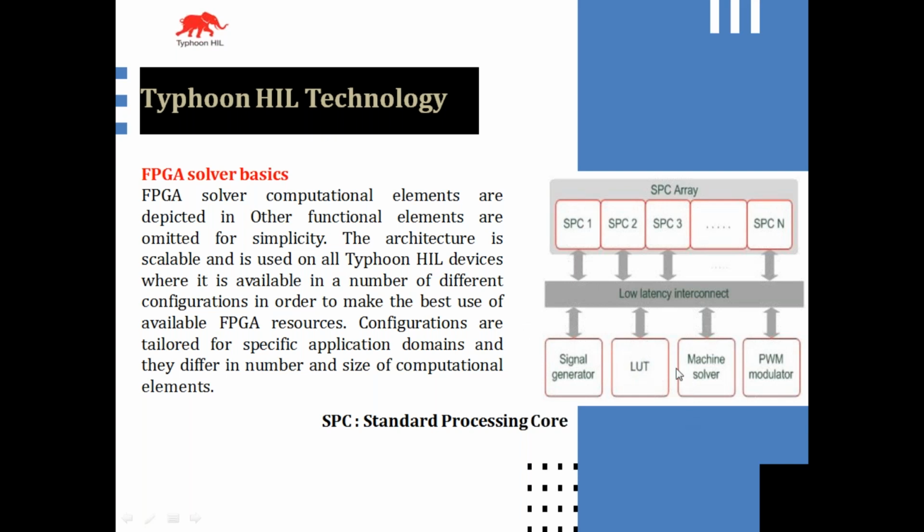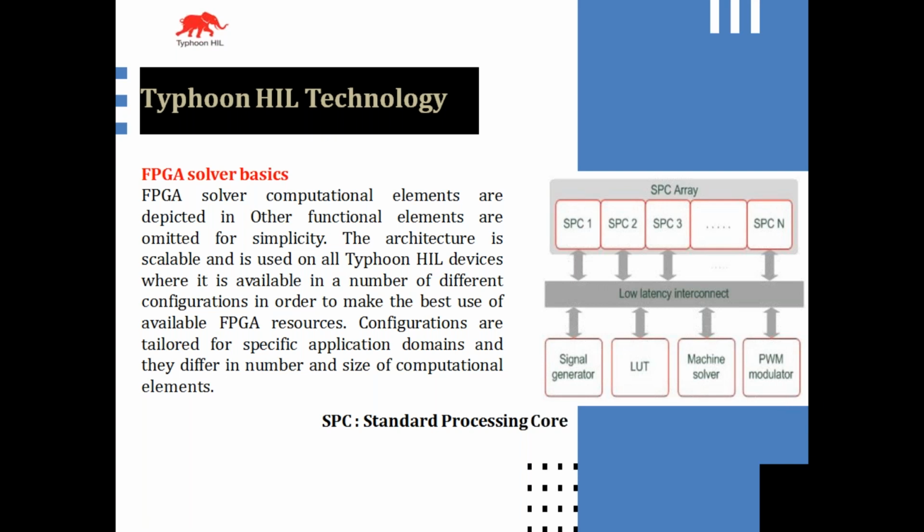Then the machine solver emulates a single electrical machine model, including its electromagnetic part, mechanical part, and speed measurement devices such as encoder and resolver. According to your model, you can change the configuration and the number of machine solvers to your comfort.